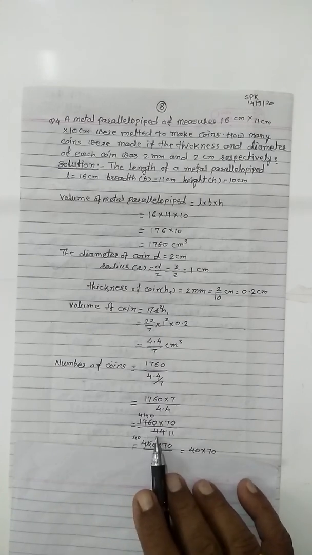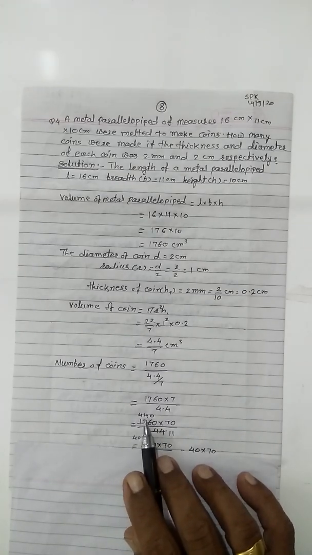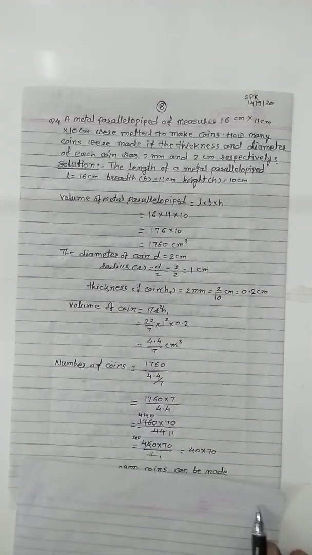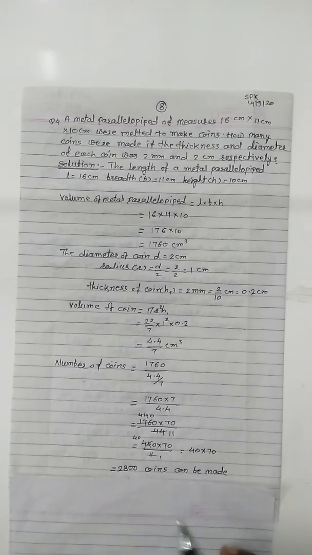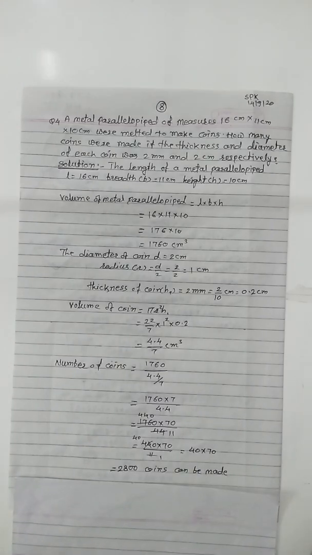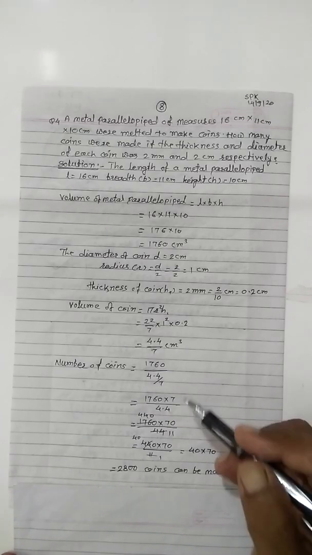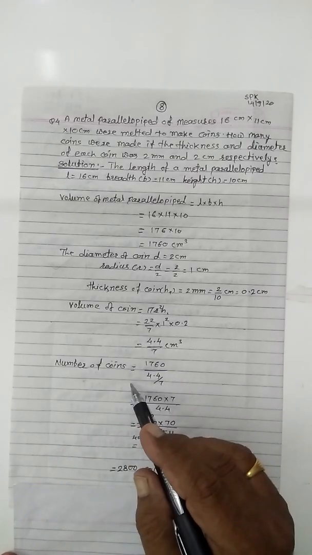Then we divide this 11 to the 440, we get 40. 40 into 70, we get here 2800 coins can be made by melting a parallelepiped.